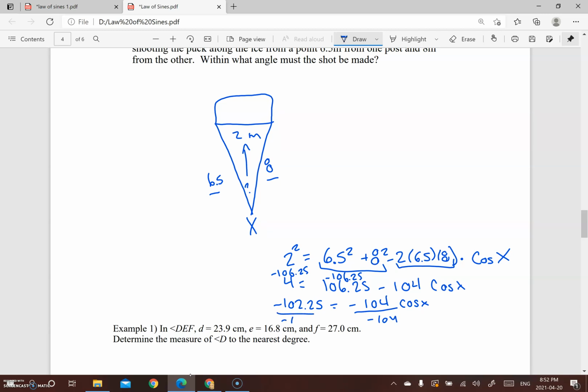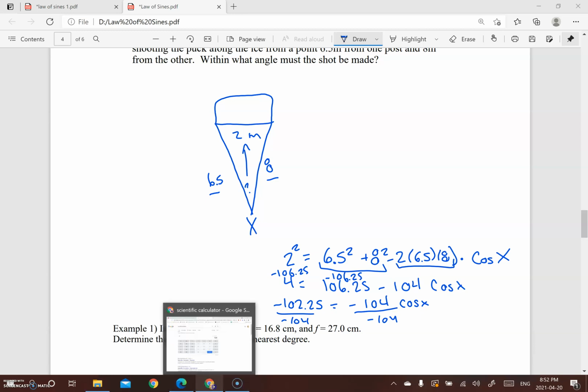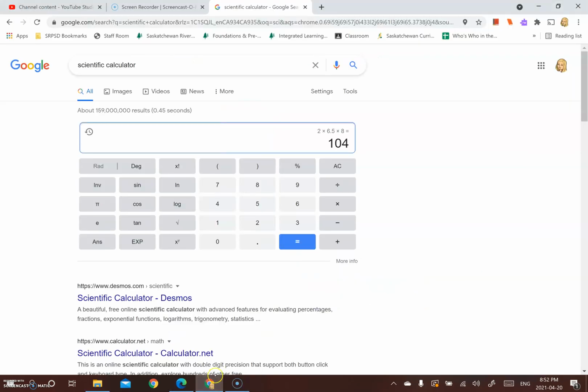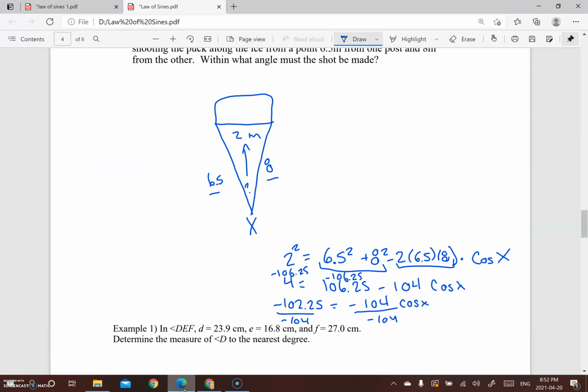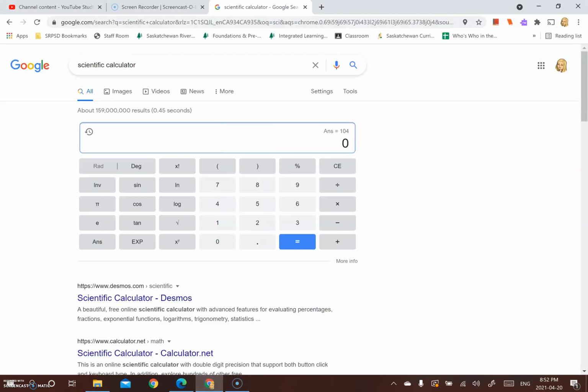Starting to run out of room. Let's see, what did I have? Okay, I couldn't find my negatives in my calculator, so I do know that two negatives make a positive. So we have 102.25 divided by 104.